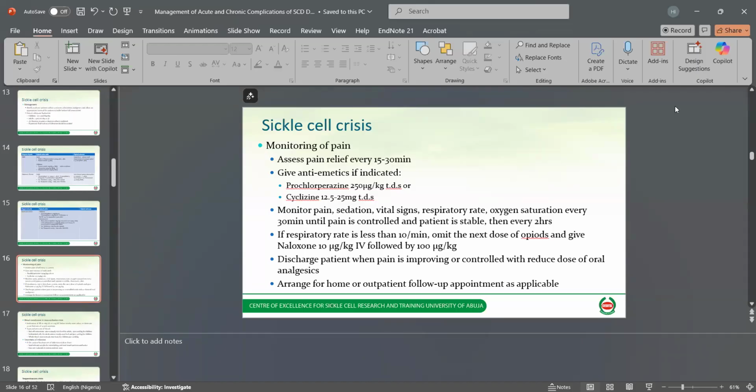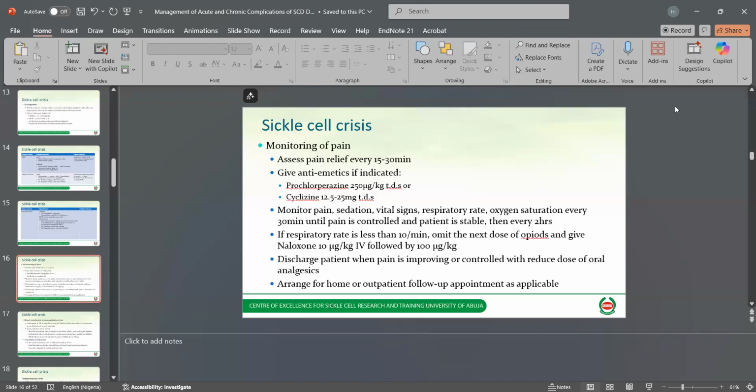This is important because some patients react to some of those analgesics, especially the opiates, dihydrocodeine or tramadol, for example. Quite a number of patients react to it; it induces nausea and vomiting for some patients.